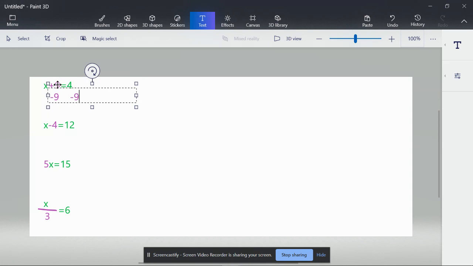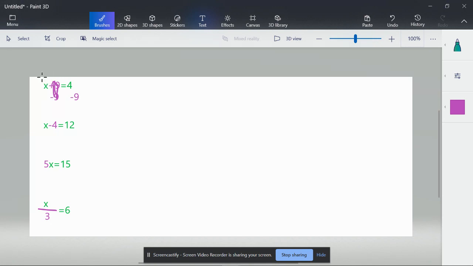Because whatever you do on the left side, you have to do on the right side. You gotta do the same thing on both sides. When we have a plus 9 and we take away 9, those things cancel out because they're opposites. So we say goodbye.